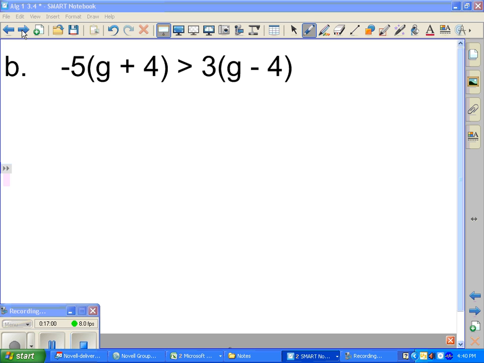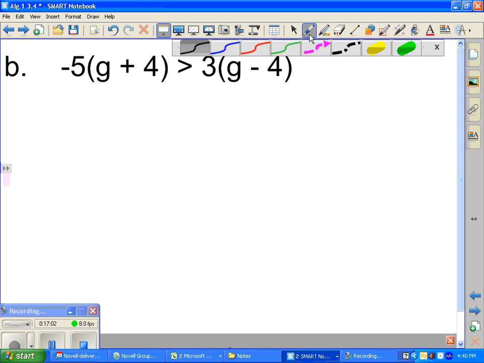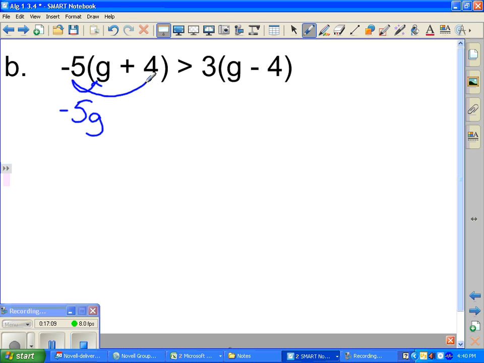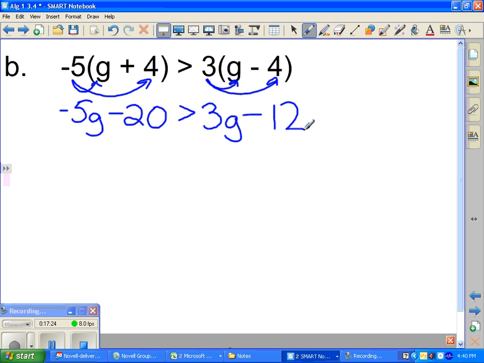All right, so we have to use distributive property. Negative 5 times g, negative 5g, negative 5 times 4, right, minus 20. Now distribute on the other side. 3 times g, 3g. 3 times minus 4, good, minus 12. Now let's look for the smaller variable.